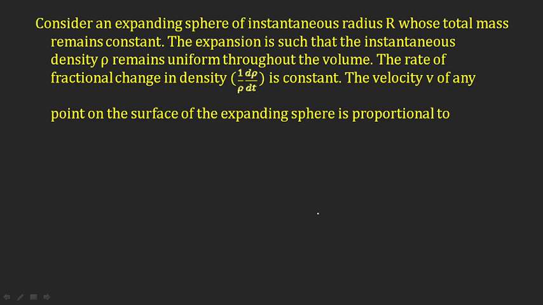Let us understand what we have to find. So we are having a sphere and its instantaneous radius, that means radius which is calculated at that instant of time, it is given as r, and the density of this is rho.